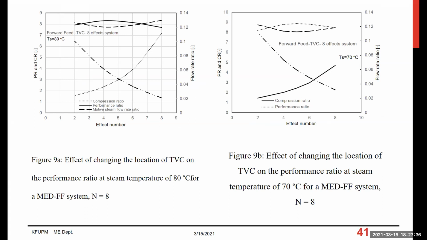Let's see what we have here in this figure. What we are trying to do here is analyze the case: if we are moving the TVC from one location to the other, what difference would it make? So we did that for the effect of changing the location of the TVC on the performance ratio and the compression ratio for a system with 8 effects at 80 degrees centigrade top temperature.